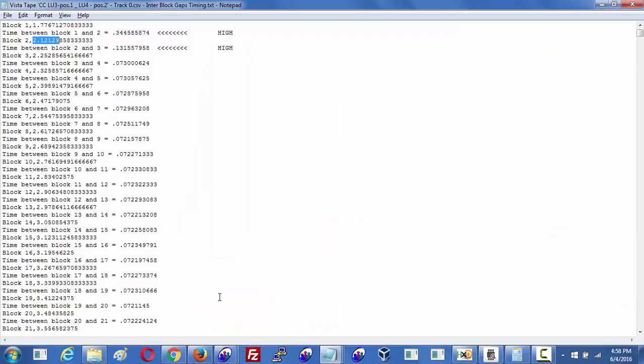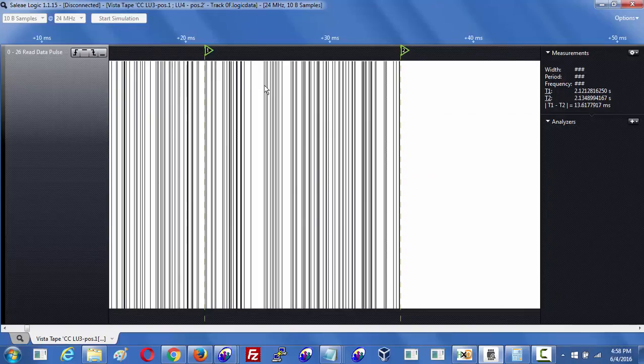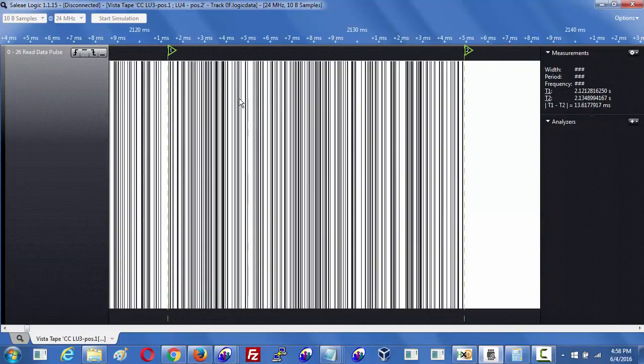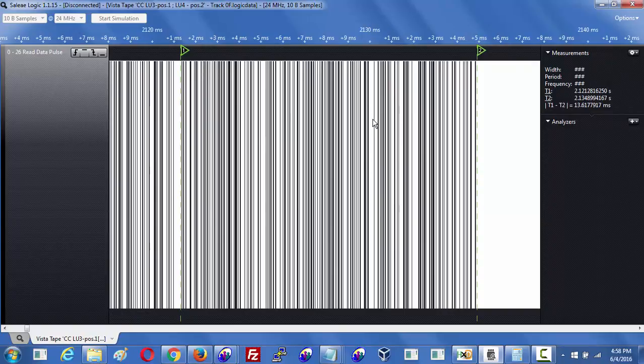That's exactly what we should see here. 0.13. No. Close. Very close. I'm going from the end to the beginning, not the beginning to the beginning. That accounts for that, when really I should be going from the end to the end.